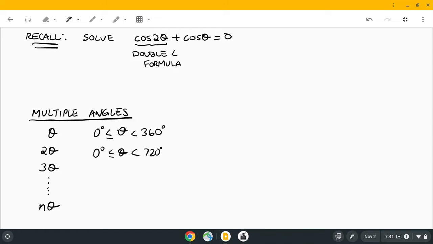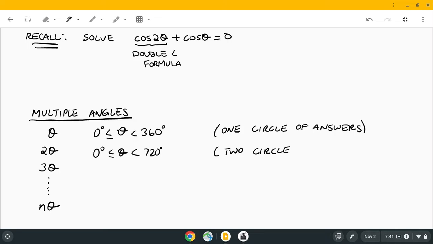So what's happening in this first one is you find all the solutions, all the angles in one circle, from 0 to 360, one circle of answers. That's what you're doing here. And in this next one, you're finding 2 circles worth of answers.